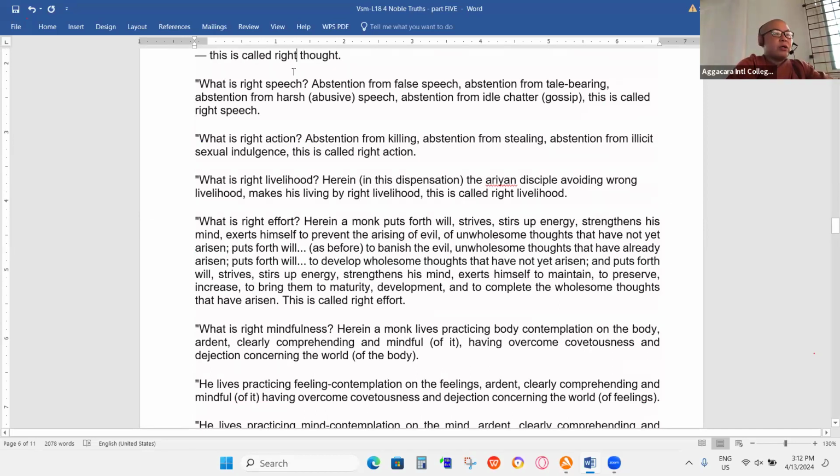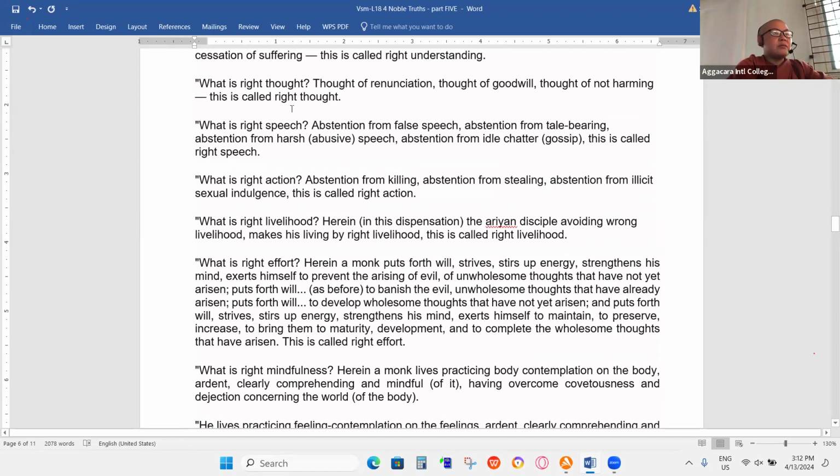When we talk about right speech, it's always the opposite of false speech, tale bearing, harsh speech, and gossip, idle chatter. Even right action is the opposite of wrong action, that is killing, stealing, and illicit sexual indulgence.